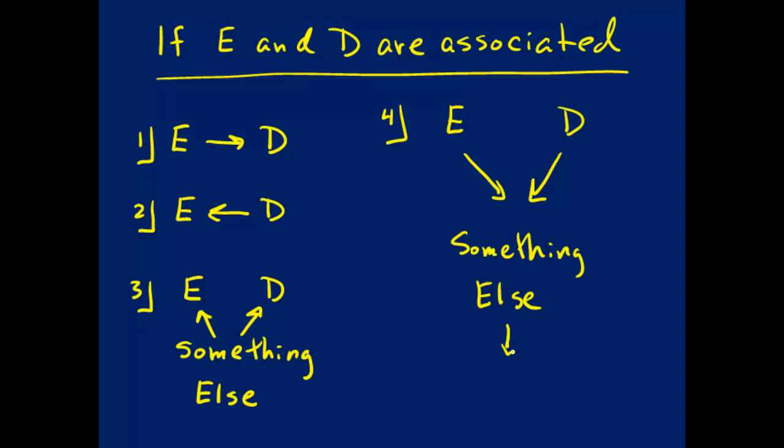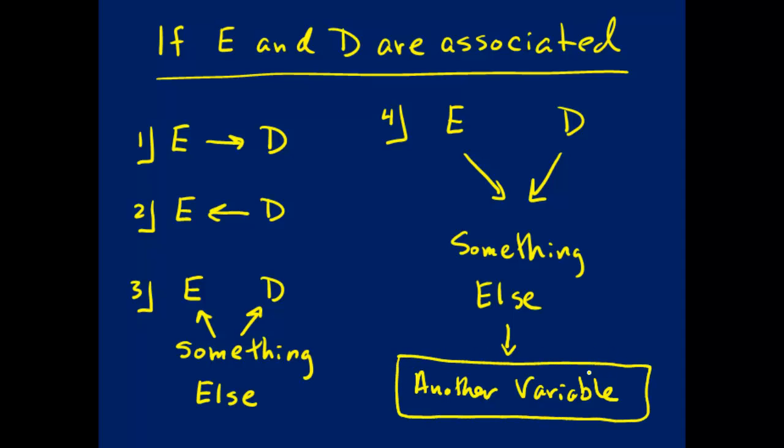If, for example, you had another variable here, and you conditioned on that variable, even this will induce an association between exposure and disease. So it really is conditioning on any variable which is a common descendant of both exposure and disease that will cause an association between those two variables.